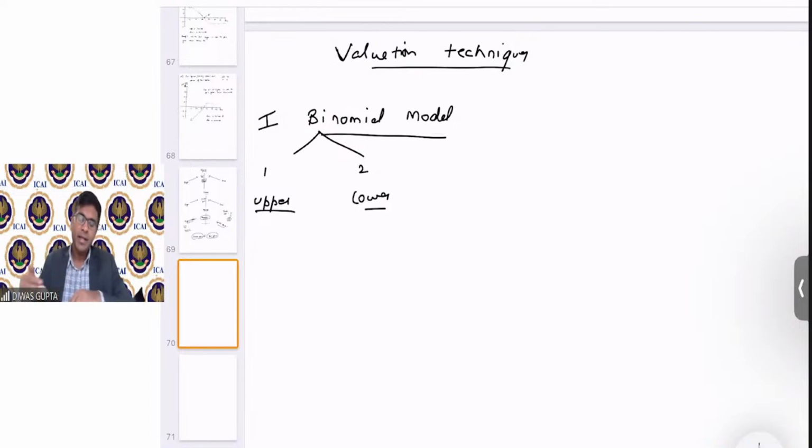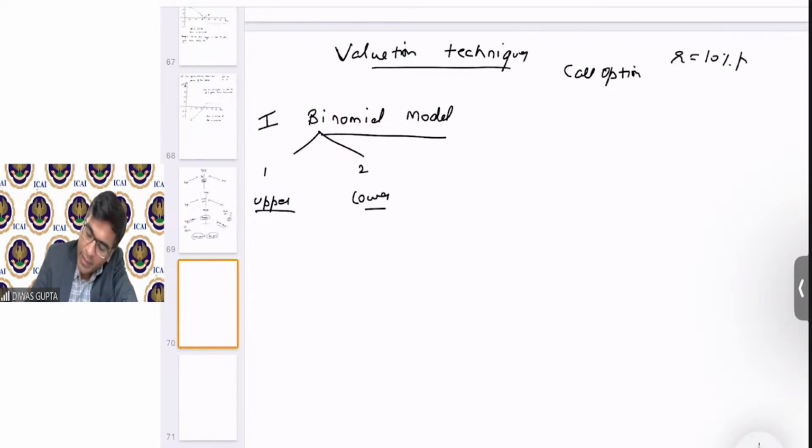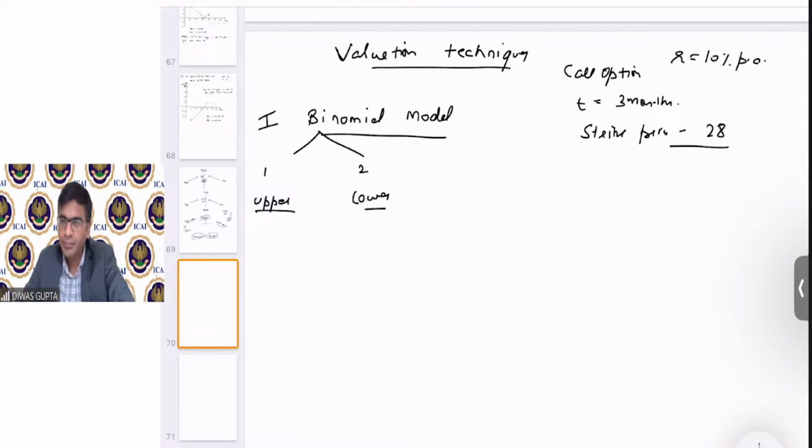So students, let's take an example of call option to understand here. Rate of interest is actually 10% per annum. Time, let's assume 3 months. Strike price, let's take as 28. This is what it is given to us.